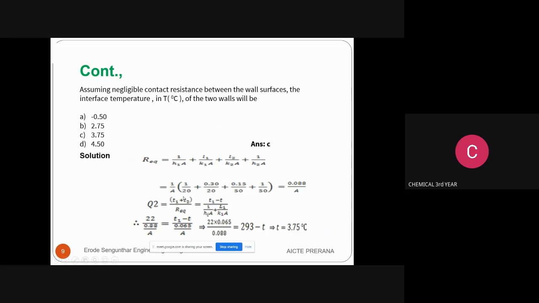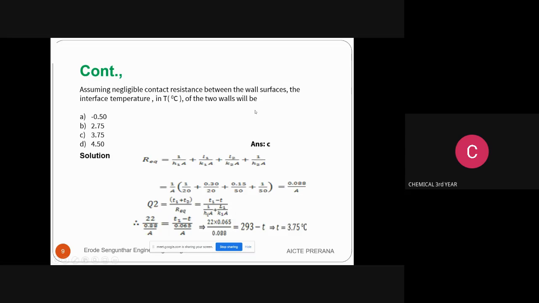Assume negligible contact resistance between the wall surfaces. Between the two wall surfaces there would be a contact resistance, but it is negligible here, as they have mentioned very clearly. They ask for the interface temperature T, in degrees Celsius, of the two walls.